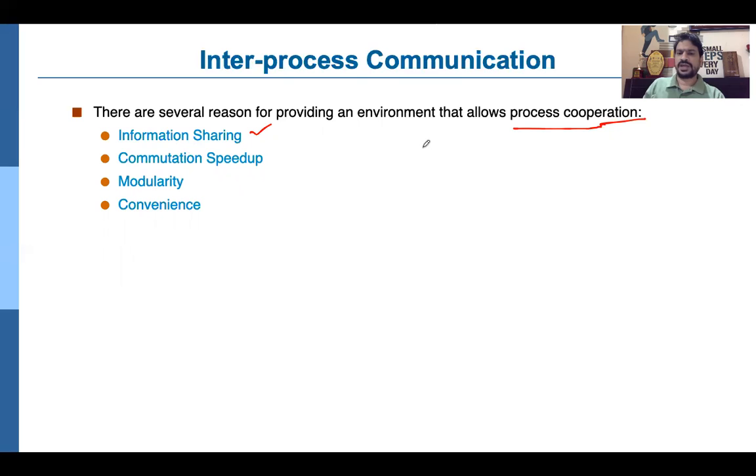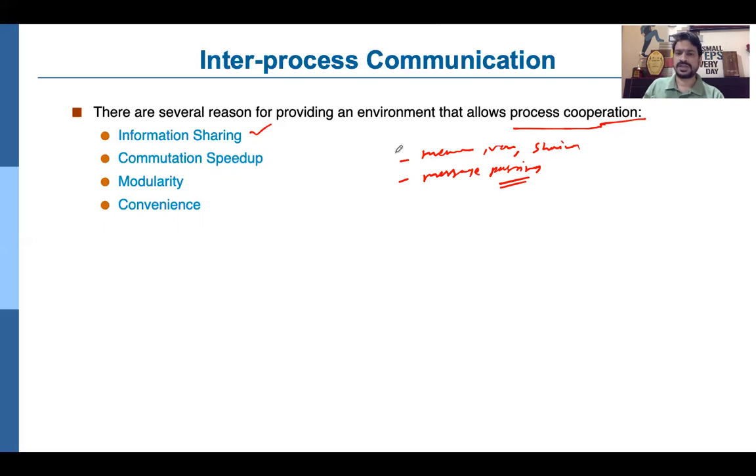So there are two techniques. Either they will share memory with each other, or they can share some sort of variable, so sharing is one thing that they can do. And second is message passing. Message passing is another technique in which two or more processes can communicate without sharing resources.